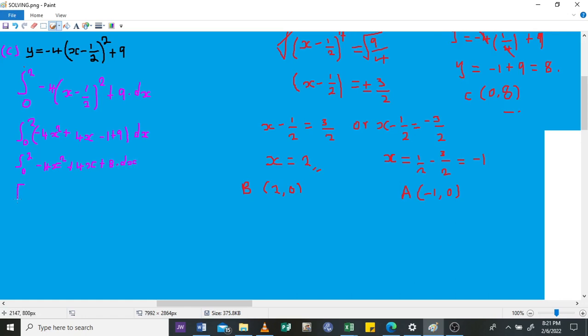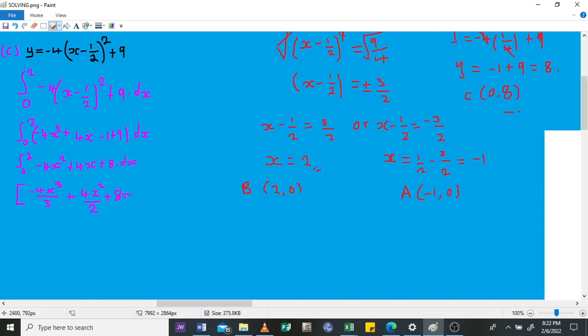Now if we integrate, what are we going to get? We get negative 4x cubed over 3, plus 4x squared over 2, and then x, that is 8x.